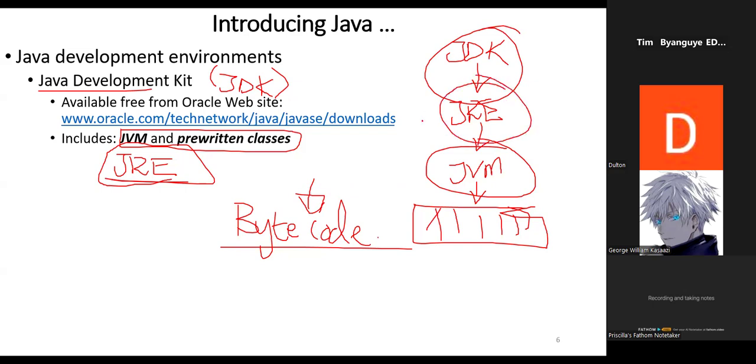The JRE, on the other hand, is what you use to run pre-compiled code. The JVM, the Java Virtual Machine, is what converts our code into the corresponding bytecode and even executes it.